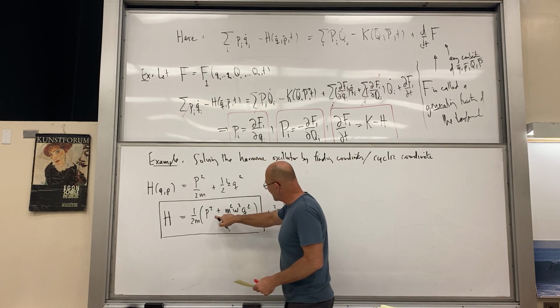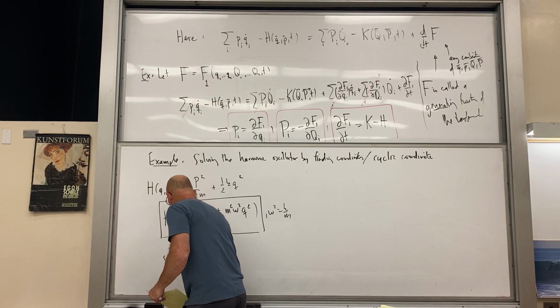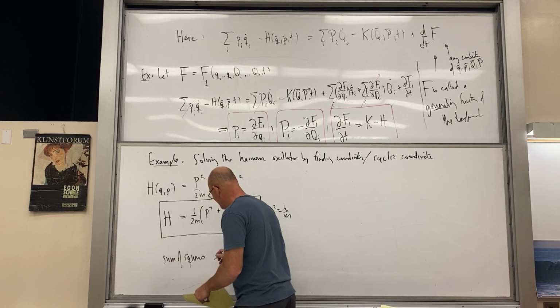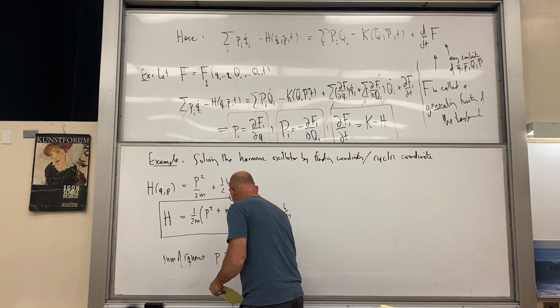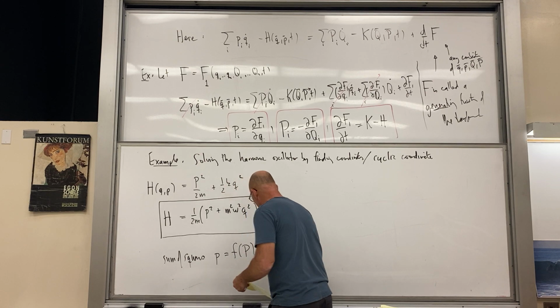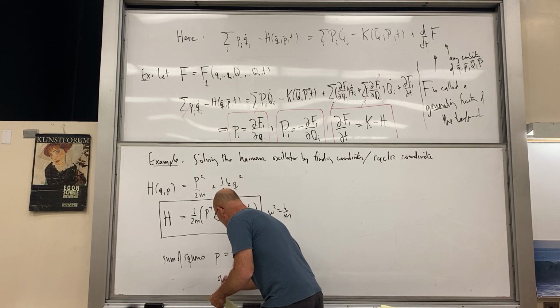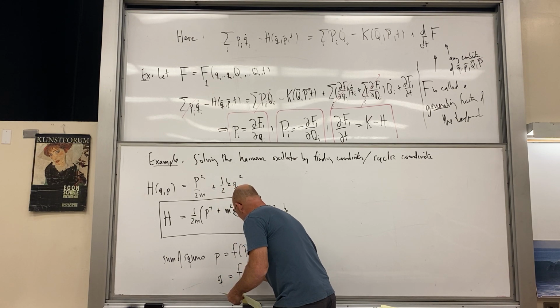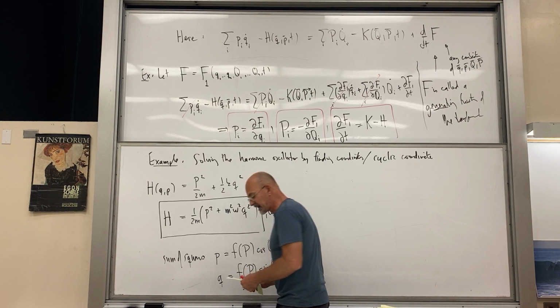Because we're looking at a sum of squares, that is going to imply that we could try this: capital P is equal to a function of p times cosine of Q, and lowercase q is equal to a function of p times sine of Q over m omega.